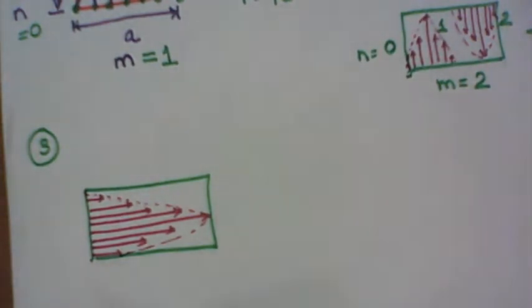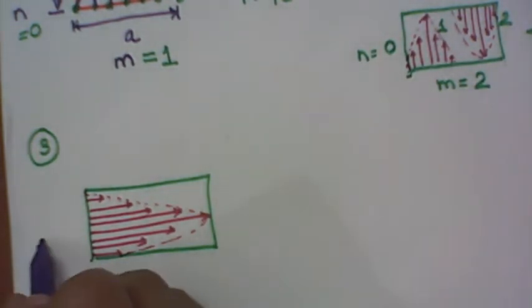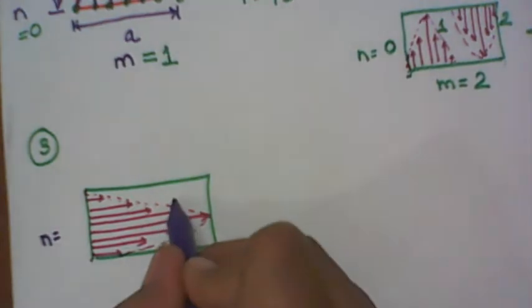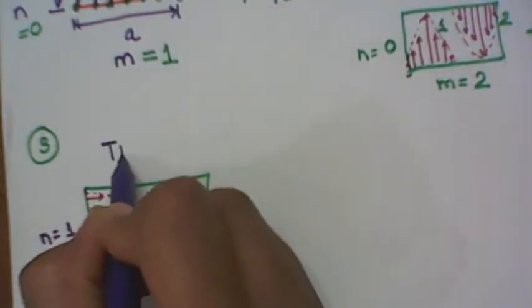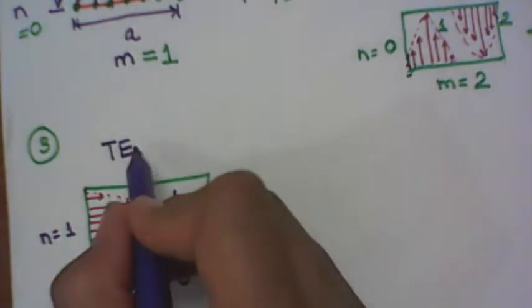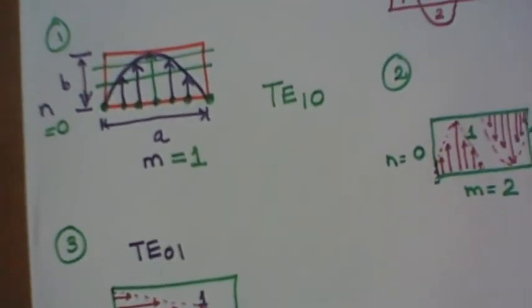So I can say that N is having 1/2 cycle, but M doesn't have any cycles. So I represent M equal to 0, N equal to 1. So I can represent this as TEMN, 0, 1 mode. Now let us compare the two. What you are finding out over here?